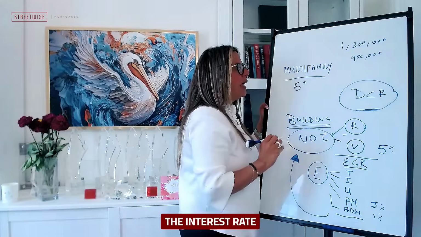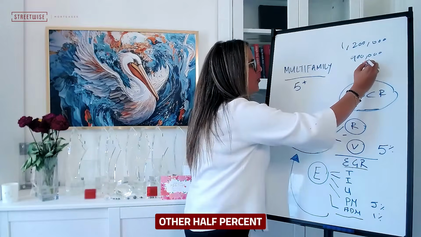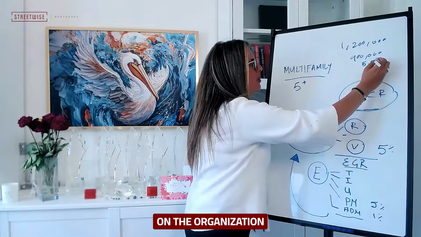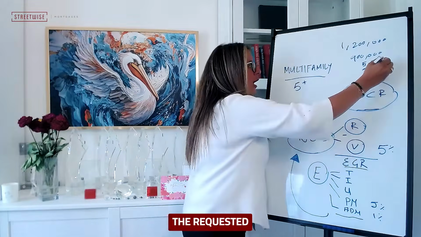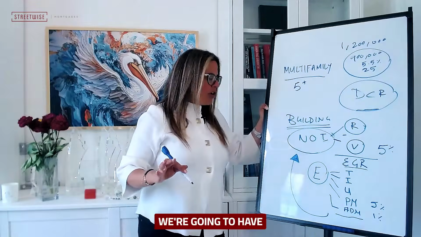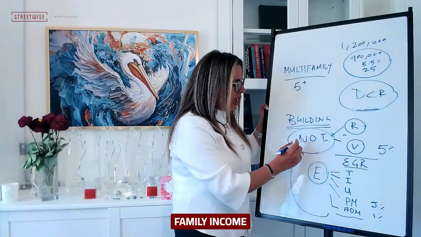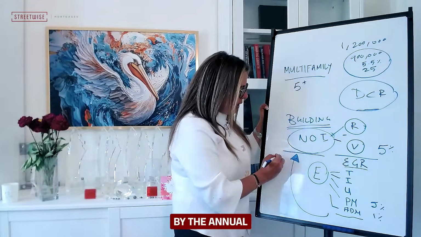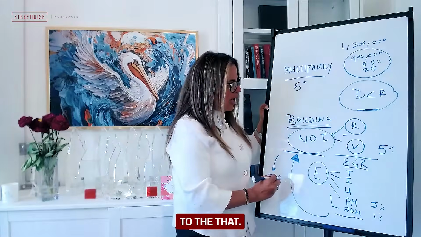And let's say the interest rate on this $900,000 mortgage is going to be at 5.5%, and the amortization is at 25 years. If you take the requested mortgage amount and run it through a mortgage calculator, you're going to have a mortgage payment. And if we divide the net operating income by the annual mortgage payment, that's what gets us to the debt coverage.